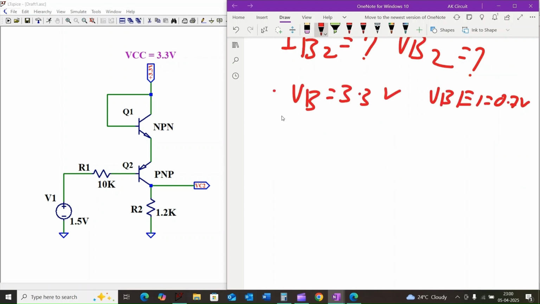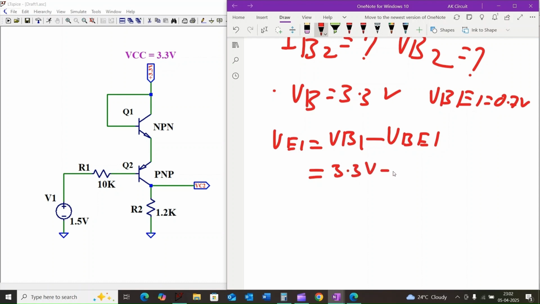Since VBE1 is the voltage drop across the base to emitter junction, the voltage at the emitter of the first transistor, which we call VE1, is equal to VB1 minus VBE1, which is equal to 3.3 volt minus 0.7 volt, which is equal to 2.6 volt.